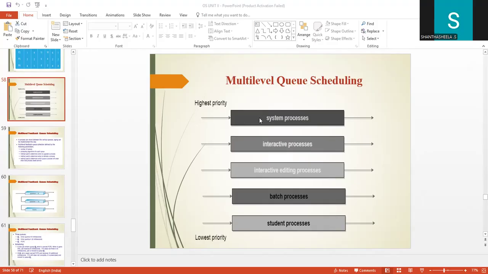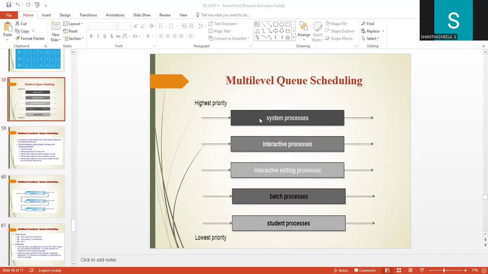In order to schedule the processes within a single queue, they can implement either FCFS, shortest job first, round robin, or priority scheduling. It is up to the operating system to schedule the processes in the different queues.